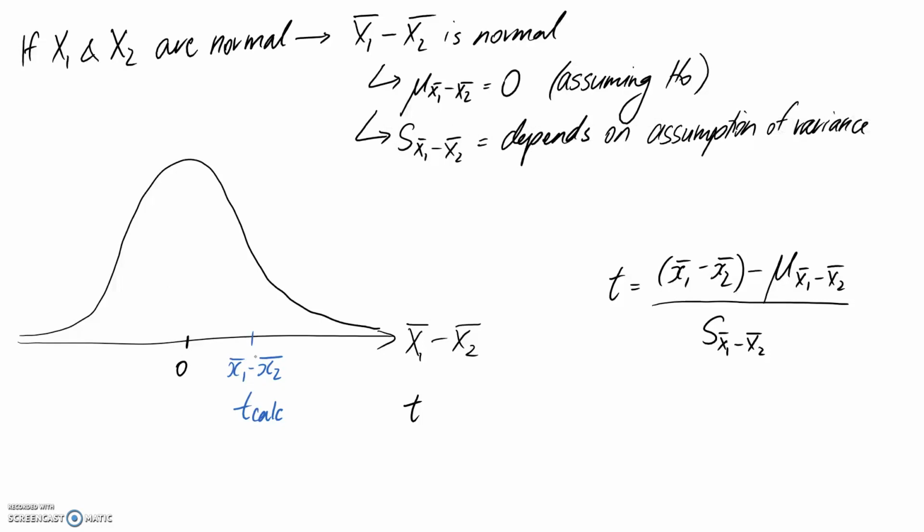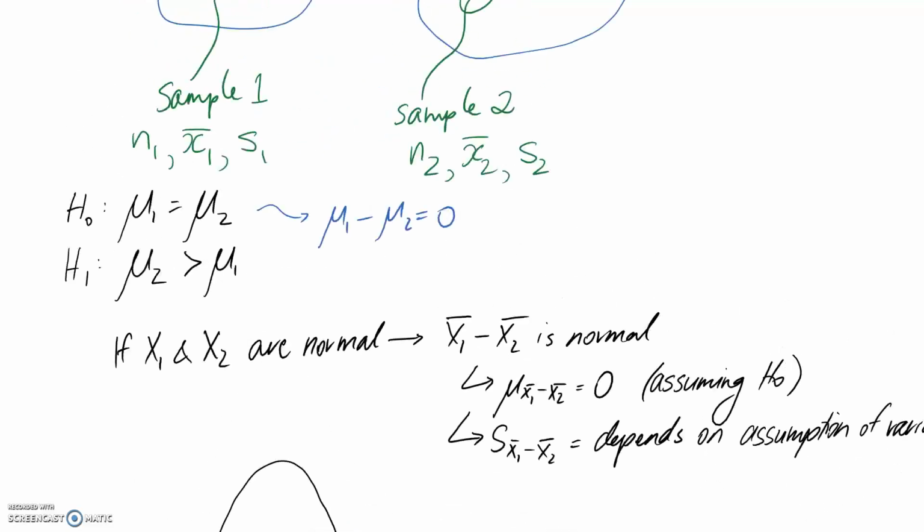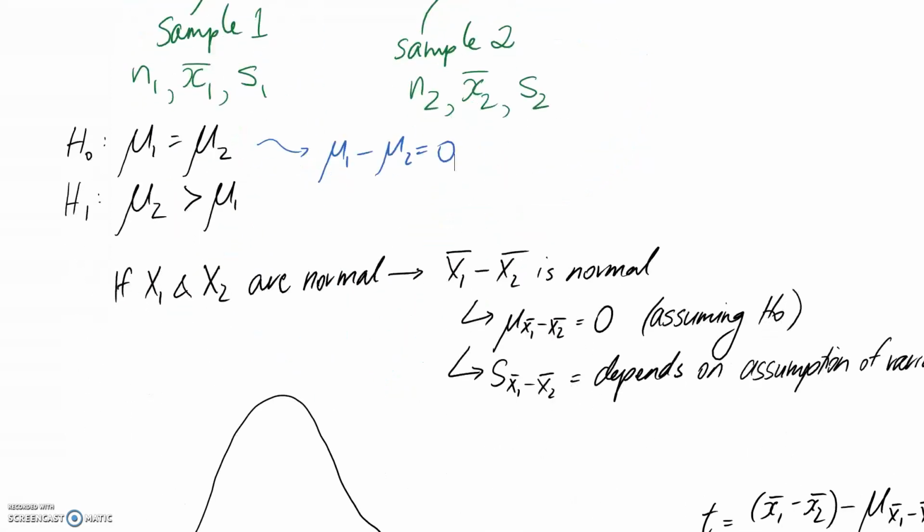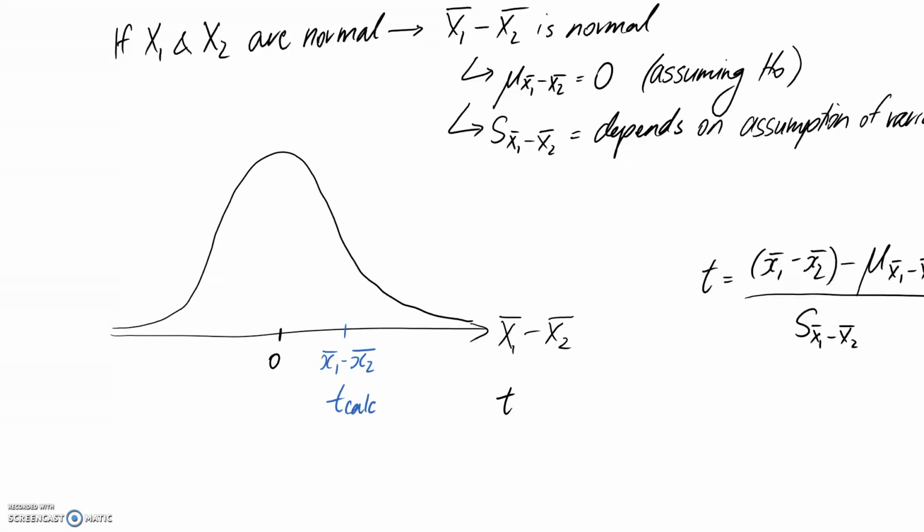We're going to have an actual difference between x1 bar and x2 bar that came from our sample data. We measured for sample 1 what the average was, and for sample 2 what the average was as well. What we're looking at in terms of our alternate hypothesis is the chance of this happening or something more extreme.